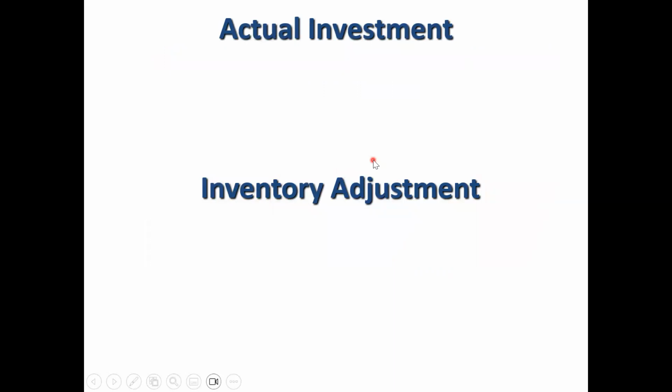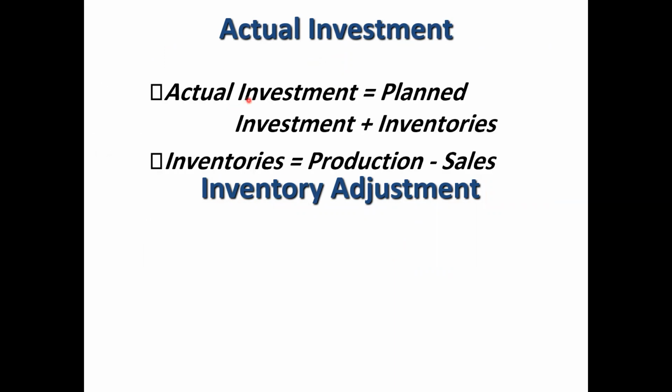We also have the inventory adjustment and the actual investment. Back to the formula, we have actual investment equal to planned investment plus inventories, and inventories are production minus sales. If production is equal to sales, we don't have inventory, so actual investment is equal to planned investment.